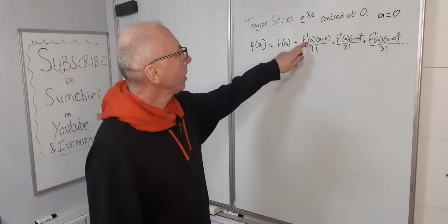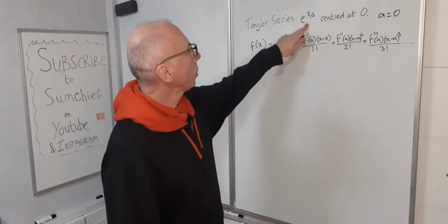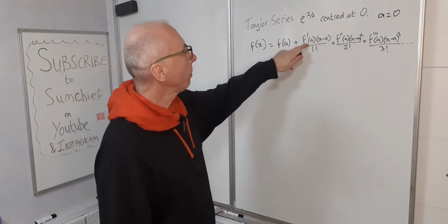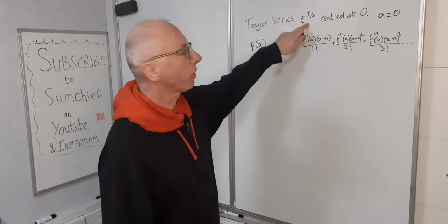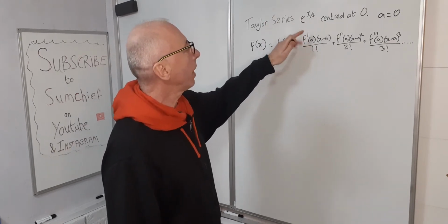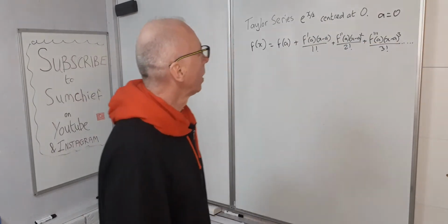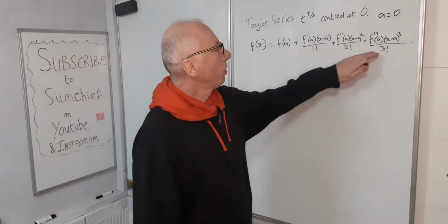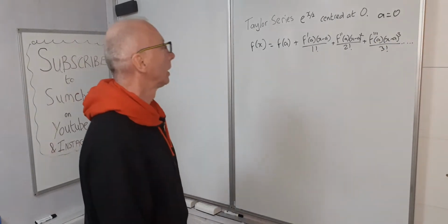And now these f's are all evaluated for our function. So when we take the first derivative, for example, we take the derivative of e to the x over 2, not x squared, x over 2, and plug in that value there as a number. So these will all give us our values. And then these are all the factorials. So 1, 2, 3, 4, and so on and so on.